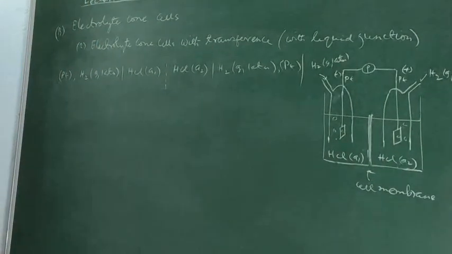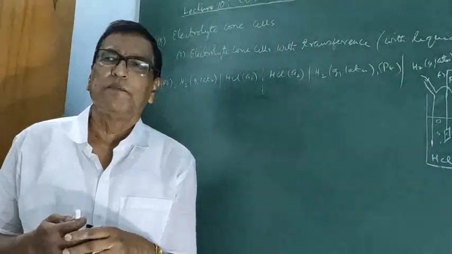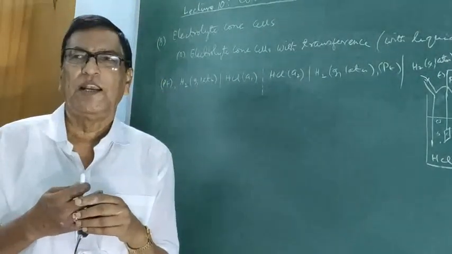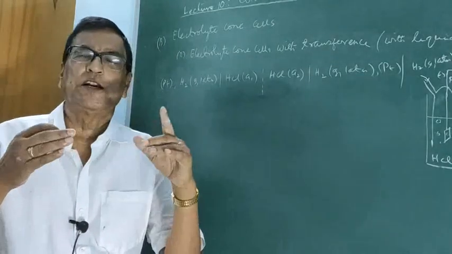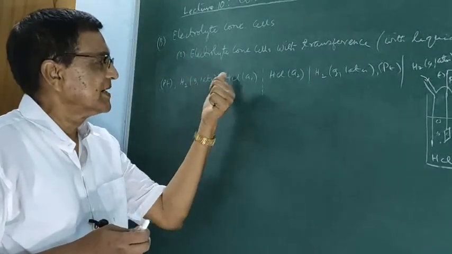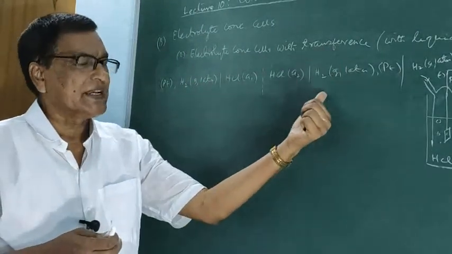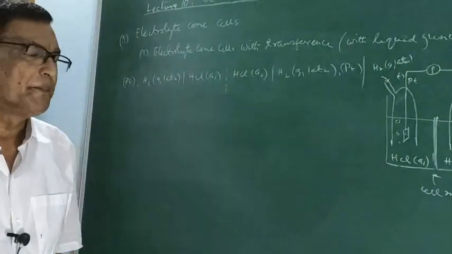If we try to formulate the EMF of this cell, then we consider all the electrode reactions: the anode reaction, the cathode reaction, and also the transport through the cell membrane.